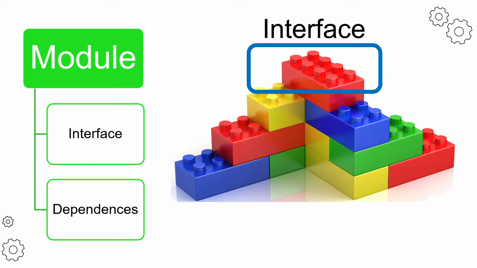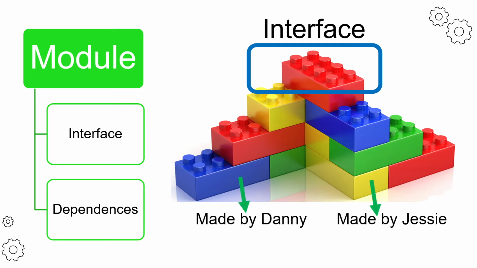And then we have dependencies. That means in your code, you might use some functions that are not written by yourself. For example, you might use a function to generate a random number, and you didn't write that function, right?